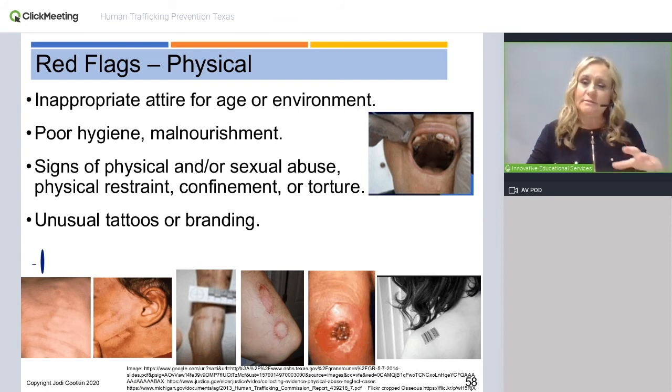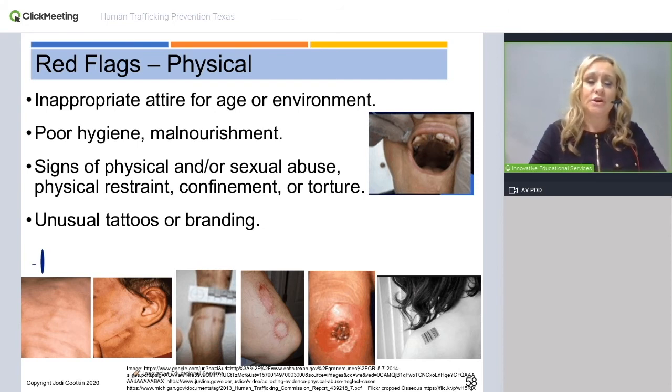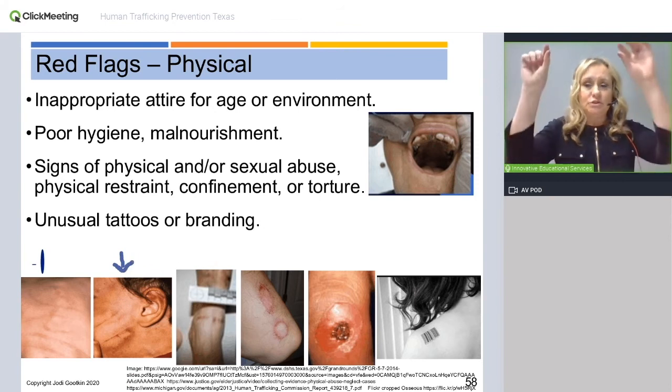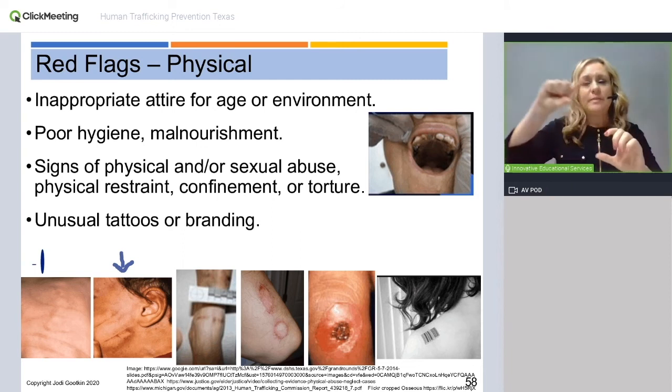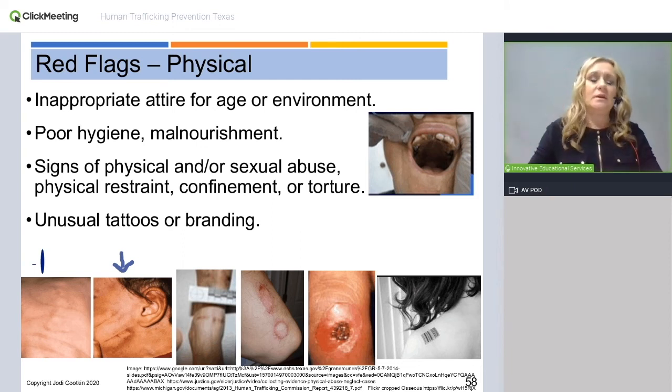Anytime there's a symmetry or a pattern, it's usually a concern. In the next image, if you see two parallel bruises or marks with a space in between, and then unfortunately this individual also has the mark and the bruising on the ear, that could be from being struck with a belt.